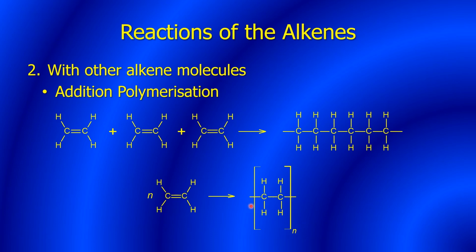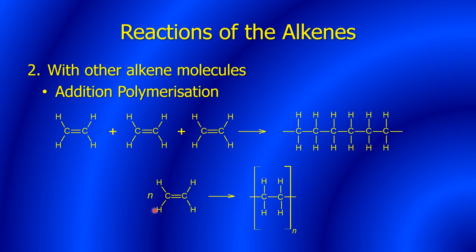And so we can represent our polymer using the structure of the monomer where the double bond has broken and the bonds then trail out either side of the molecule, going through that bracket, and then the polymer can be represented by that unit with the N, where that unit will repeat itself a very large number of times. So the first equation there, N would be 3, so we'd have this structure repeated 3 times. With a large number, we can use the letter N.